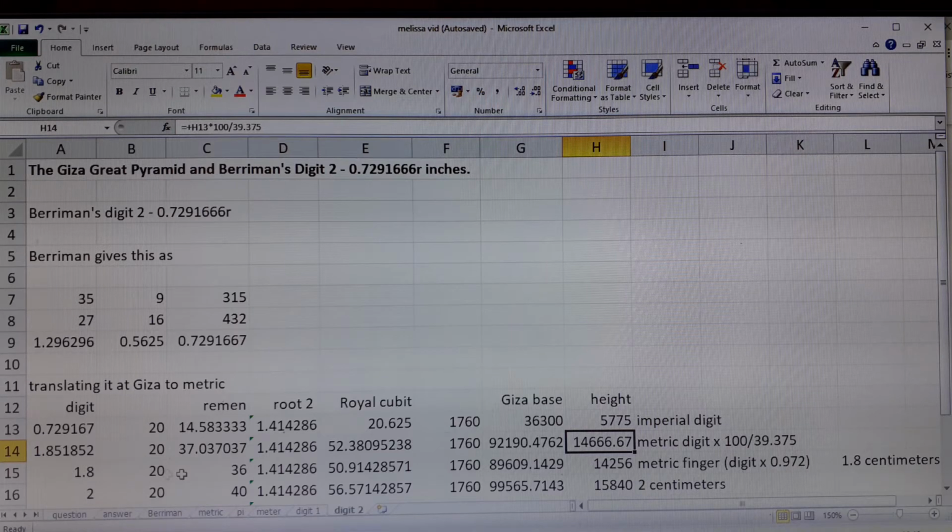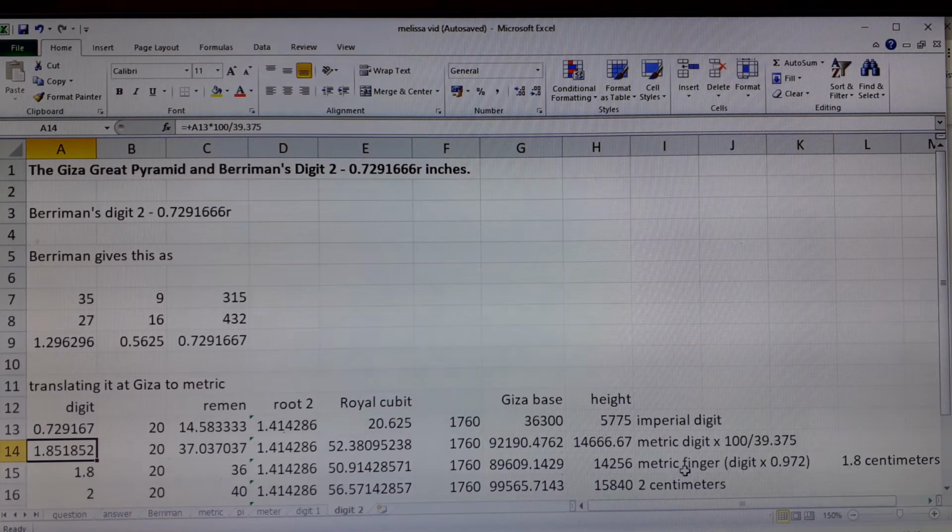Now we can convert this into what we can call a finger, because the metric finger is shorter, smaller, not as long as the metric digit. So the way we do that is we use Professor Greaves' fraction of the imperial foot to produce the Roman foot.